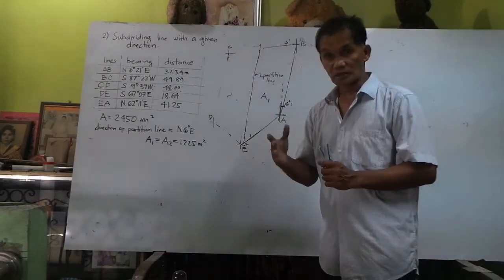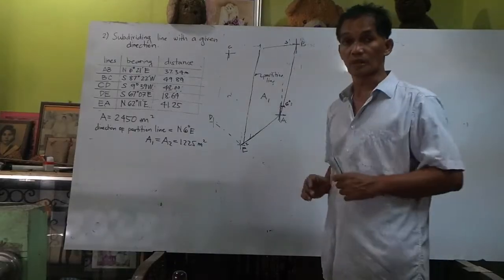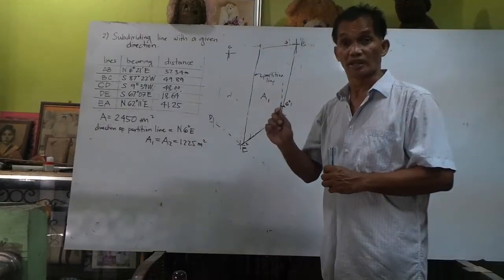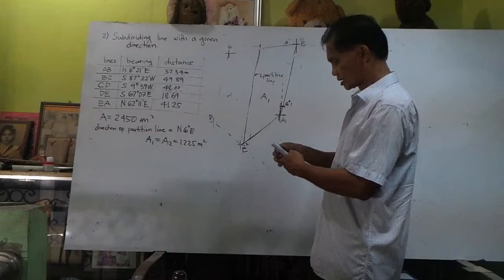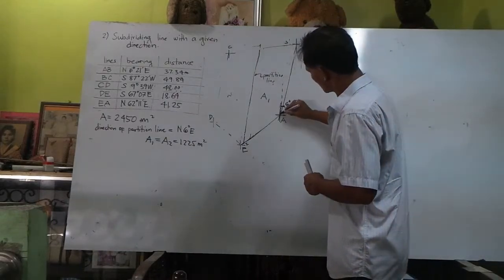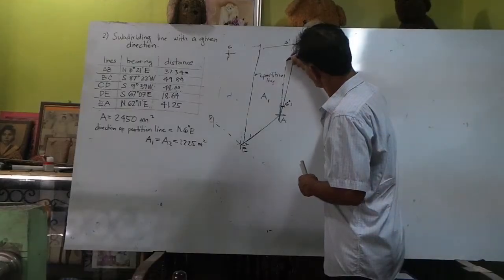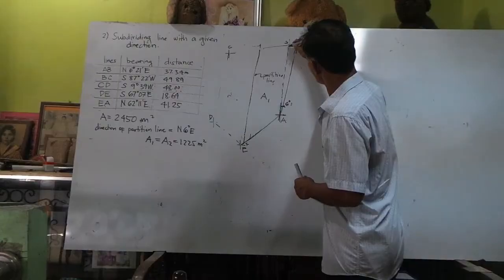Then we draw a trapezoid, wherein one of the sides of the trapezoid is the partition line. So this is our partition line, so we'll draw a trapezoid. So this is the trapezoid we are drawing. So we call this 1, 2, then this is point 3.